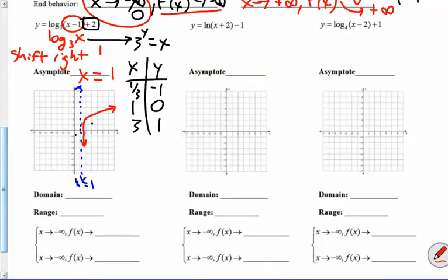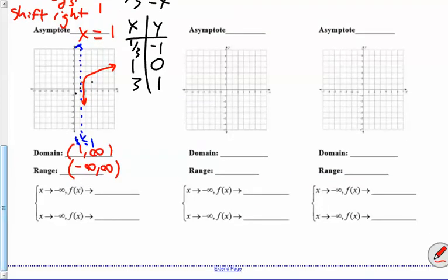So, what is the domain? Well, the domain is determined by the asymptote. Look where the asymptote is. Okay? It's just 1 to infinity. The range for any log function is going to be negative infinity to infinity. Now, end behavior. So, like I said before, x is never really going to approach negative infinity.